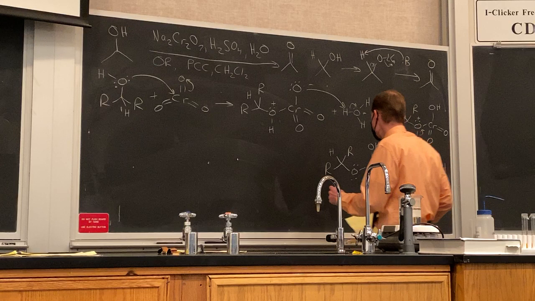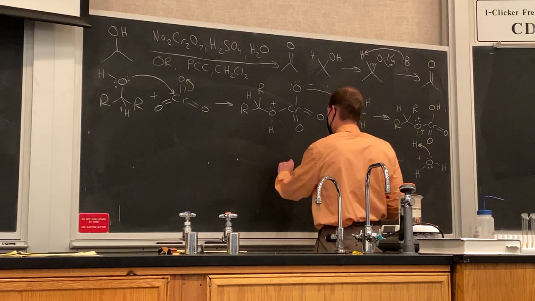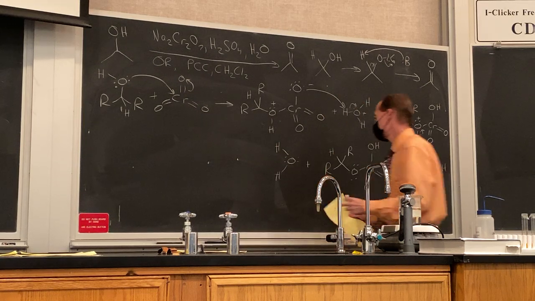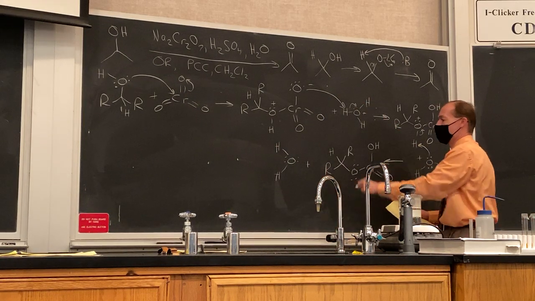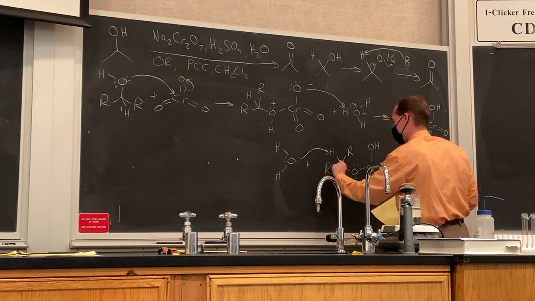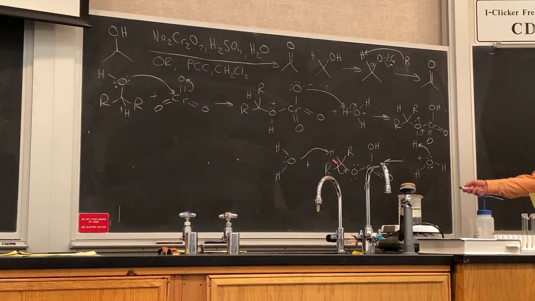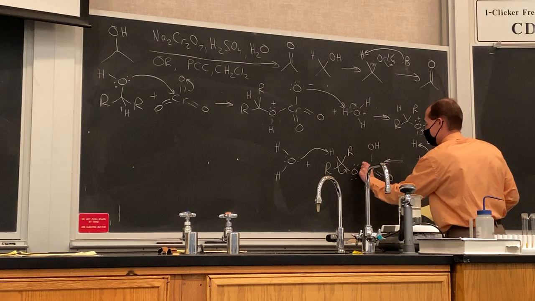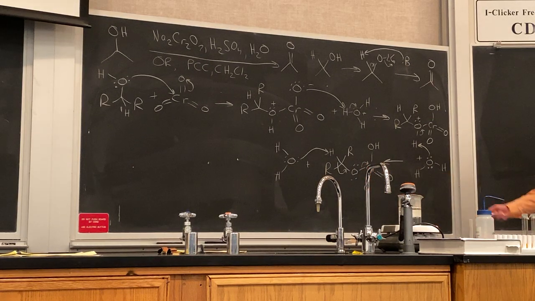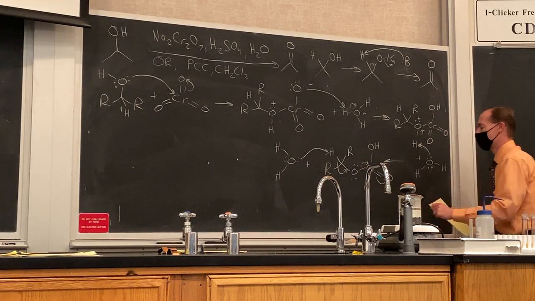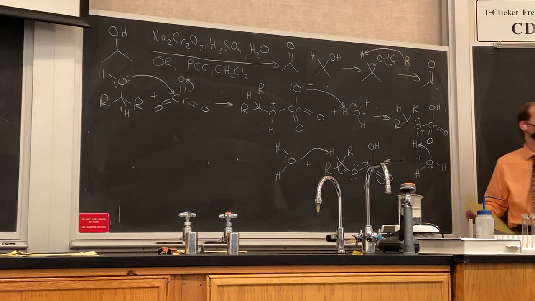So now that we have this intermediate, we can use another water molecule as a base, and it can deprotonate this alpha hydrogen, and then we can use the carbon hydrogen sigma electrons to make a carbon oxygen pi bond, and then we can break the chromium oxygen sigma bond and push those electrons onto the chromium, and then we can break another one of our chromium oxygen pi bonds in the process.